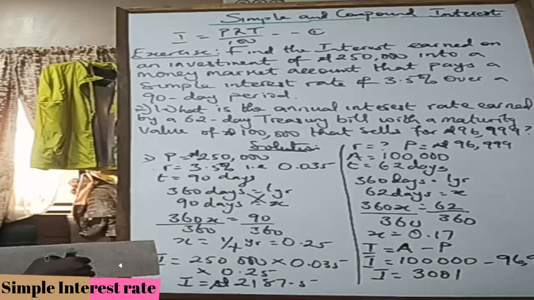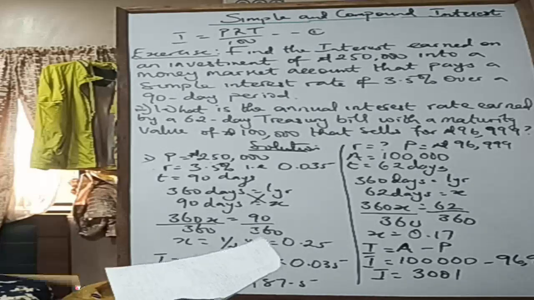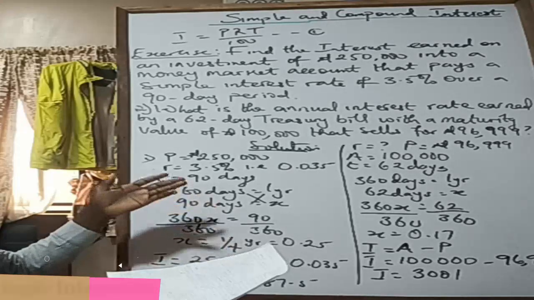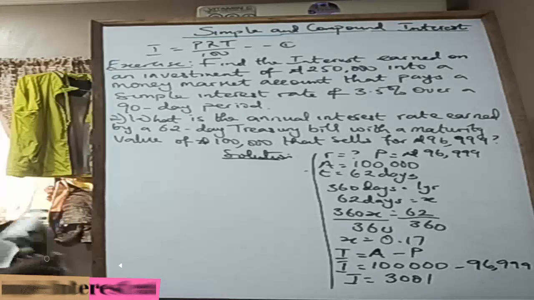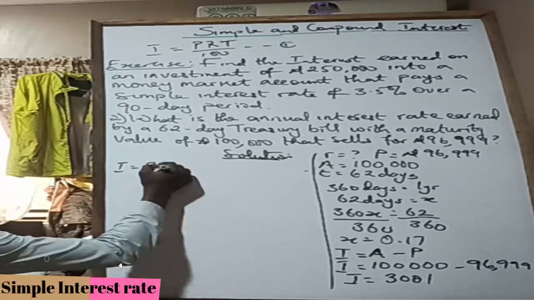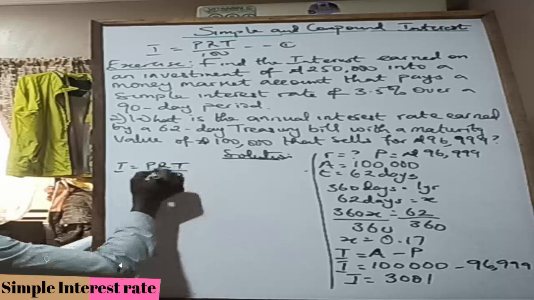So now we have what we should use. Interest is 3,001, and then we have P, and we have T. So we can look for R using the same interest formula. Progressing from that, we have I equals PRT over 100.